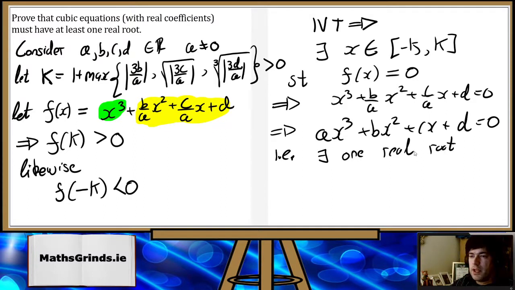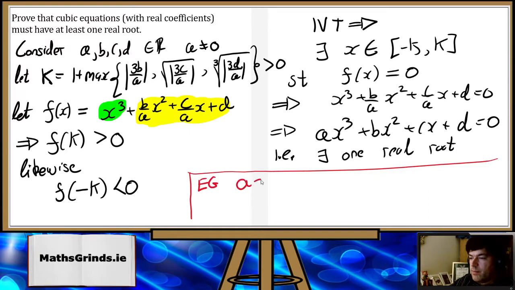And not only have I shown that there's one real root, I've even provided a range to search out for the one real root. So, for example, I did a calculation earlier. E.g., if a equals 4, b equals 3, c equals 2, and d equals 1, oh, I deleted it.